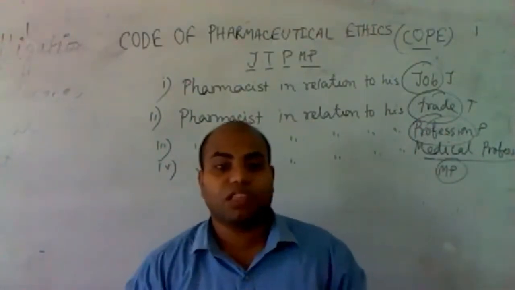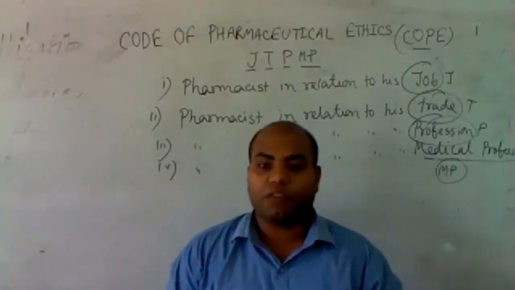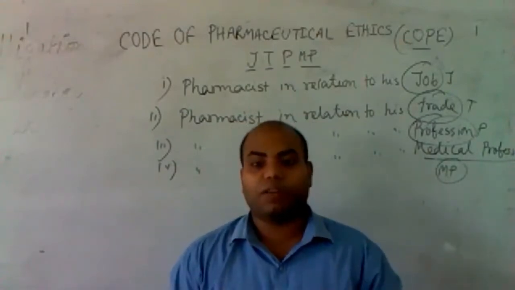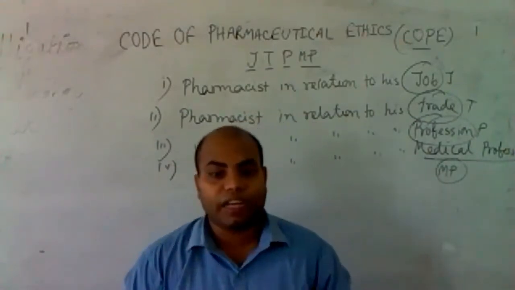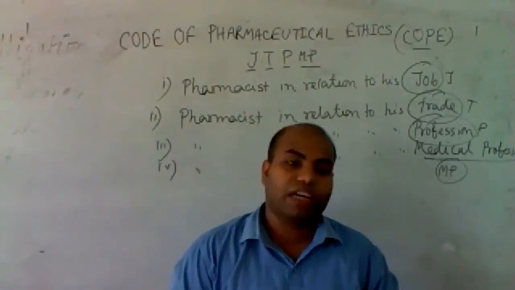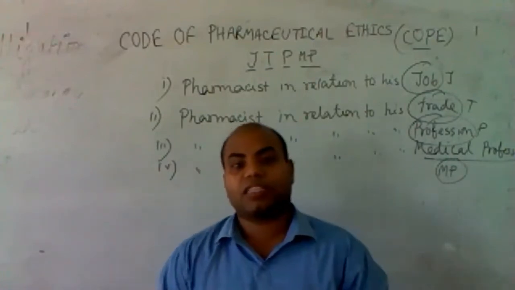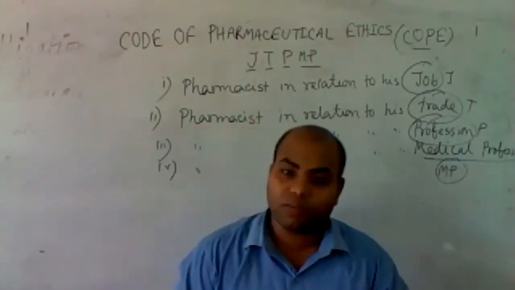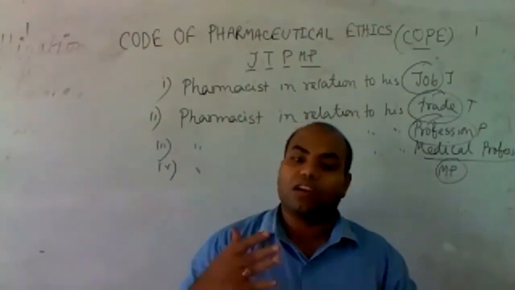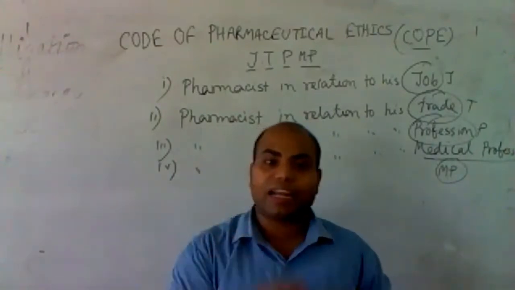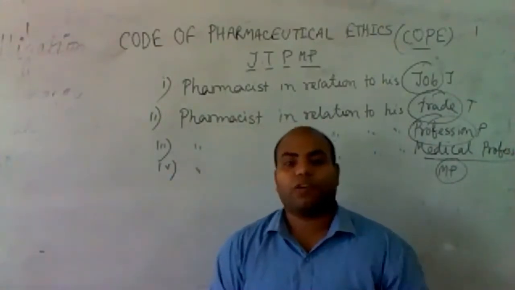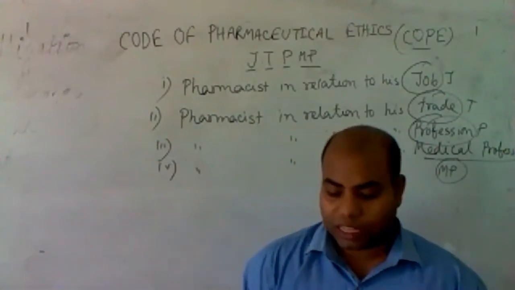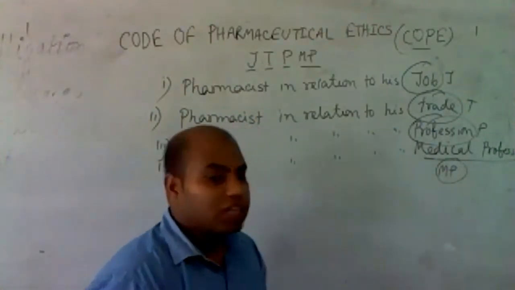We are using the pharmacist profession for our livelihood, that is providing us the food, providing us the shelter, providing us the earning. So we have some certain responsibilities towards the pharmacy profession, and that has been laid down by the book or code of pharmaceutical ethics. Now this we will discuss one by one.